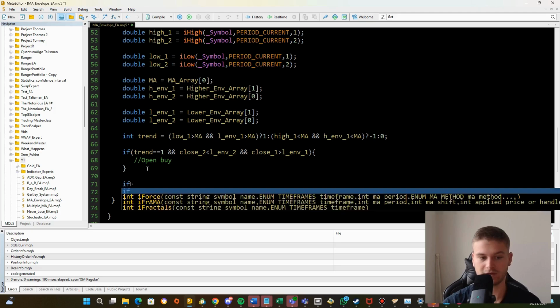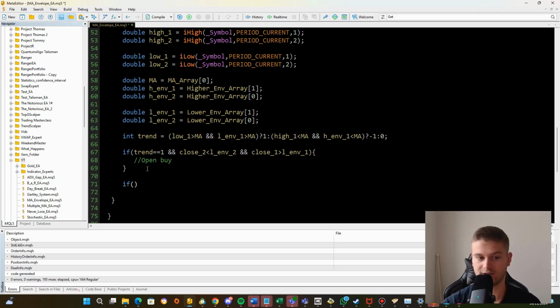And now let's do the same thing for the sell side. So if trend is equal to -1 and close 2 is higher than high envelope 2 and close 1 is below H envelope 1, open sell trade. So let's do this.